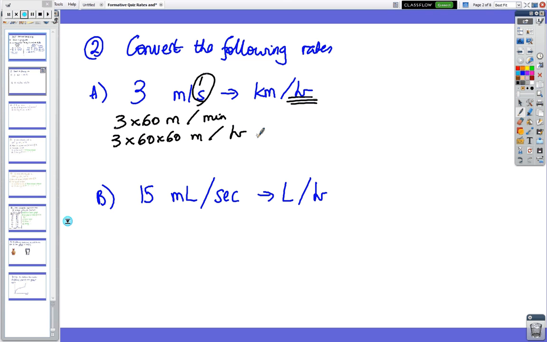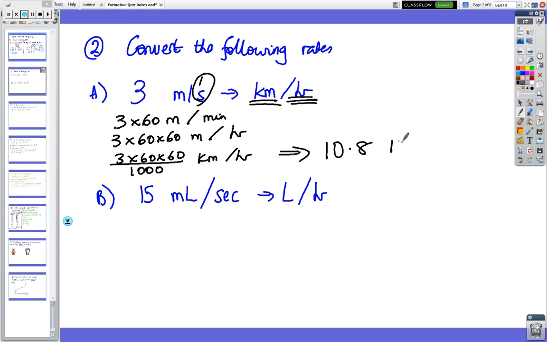So I've gone by 60 twice, and then I want kilometers, so divided by 1,000 kilometers per hour. 3600 times 3 equals 10.8 kilometers per hour. So if you're running at 3 meters per second, you're going 10.8 kilometers per hour.